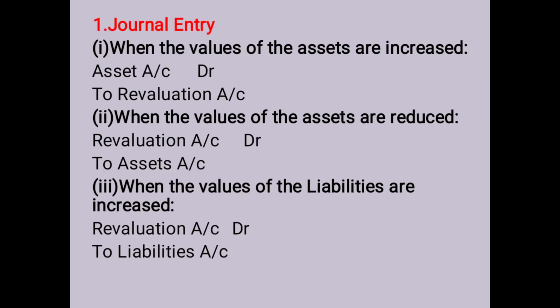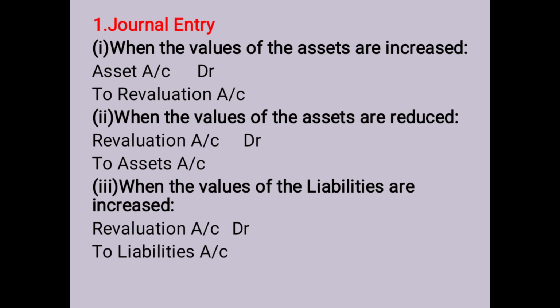Now the first one is the journal entries. When the value of assets is increased, the asset account is debited to revaluation account. When the value of assets is reduced, revaluation account is debited to asset account.